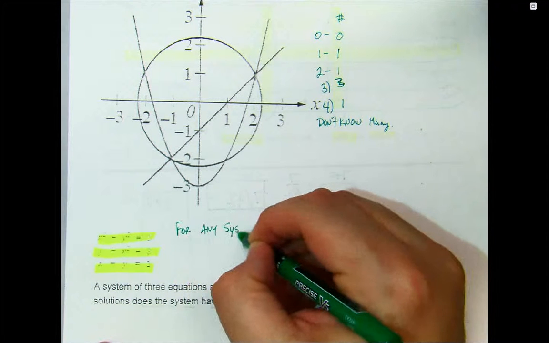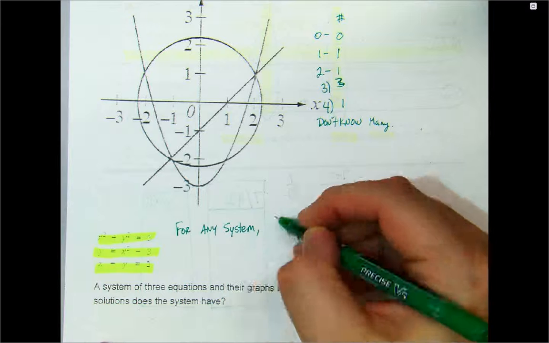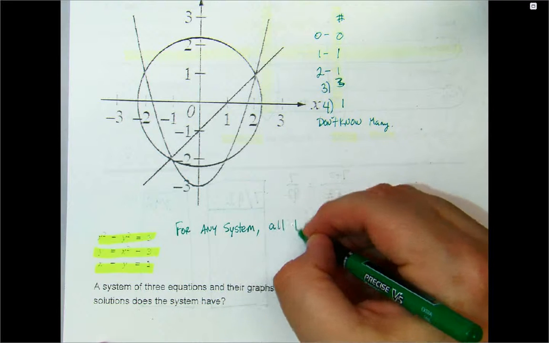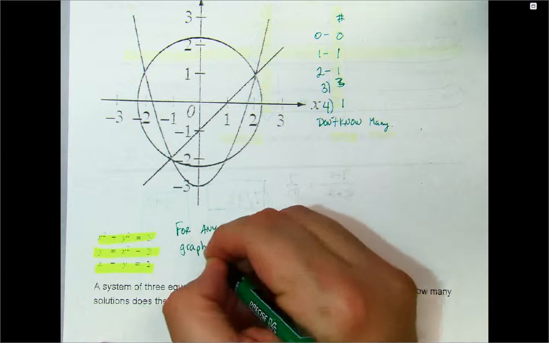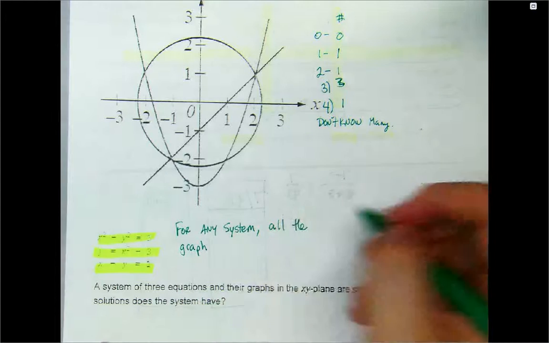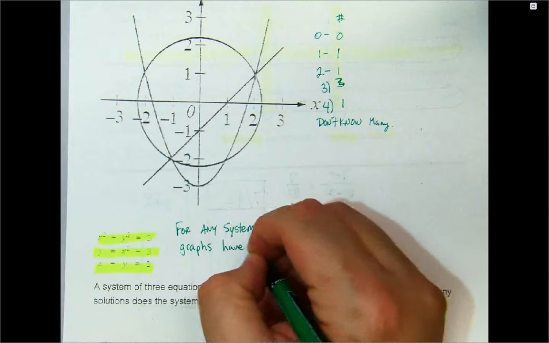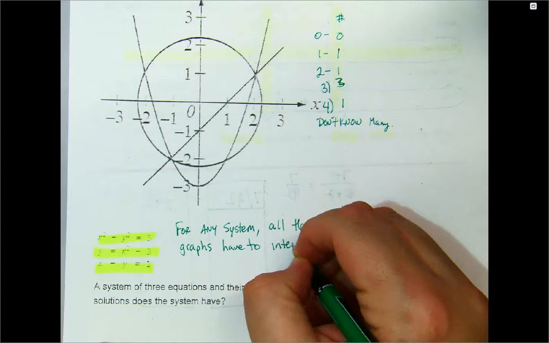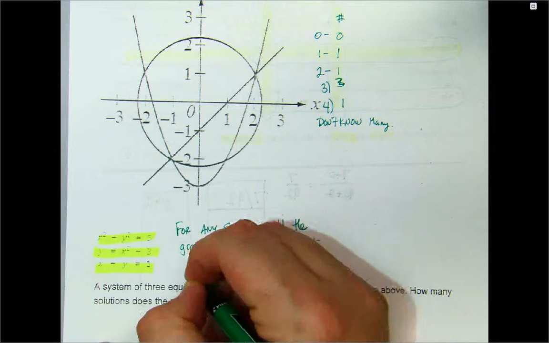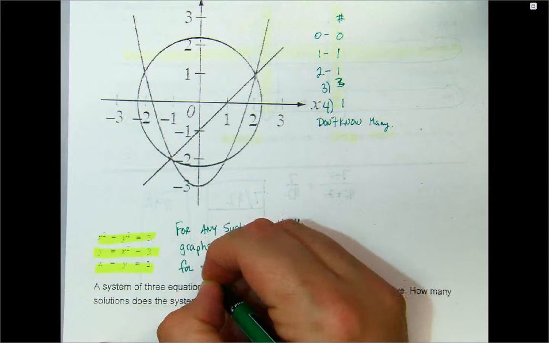For any system, all the graphs have to intersect each other for the intersection to be a solution.